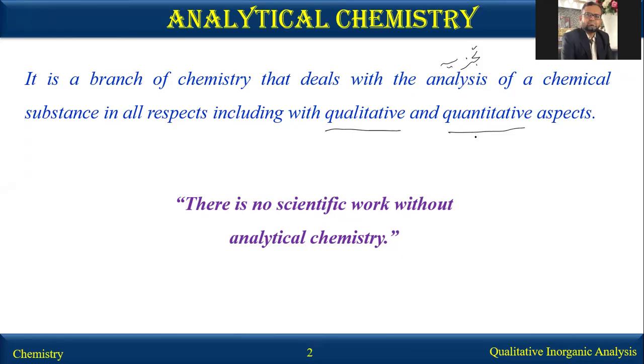And if you are going to determine any quantity, it can be number of moles, concentration, or volume, that is under quantitative analysis. We will see it in a little more detail in later slides.